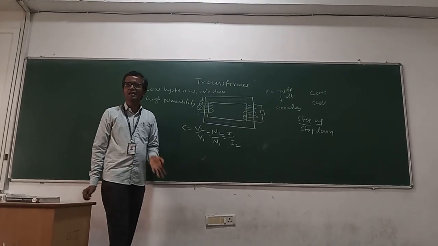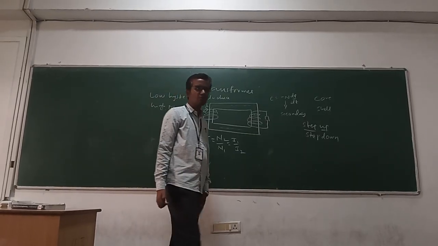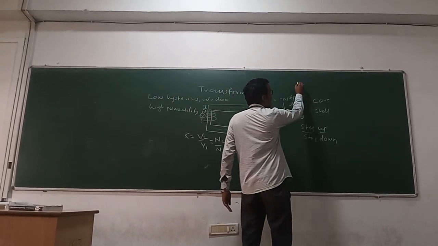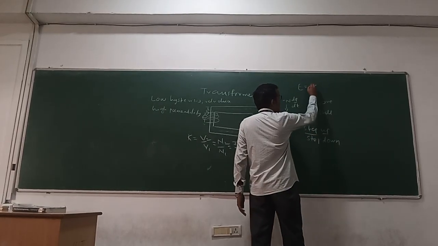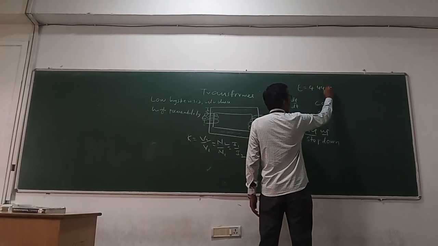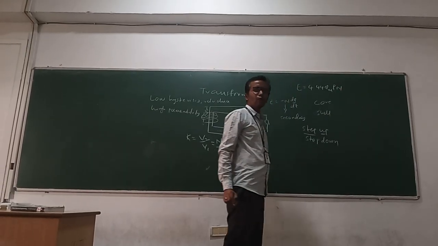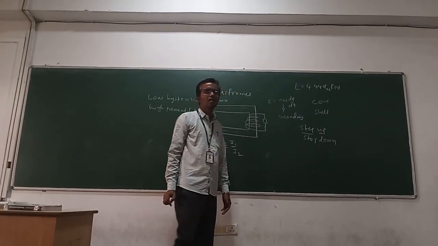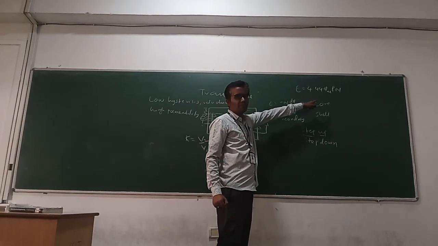Next we will see the EMF equation of a transformer. What is meant by the EMF equation of a transformer? It is given by E equal to 4.44 phi max F N, where N indicates the number of turns.